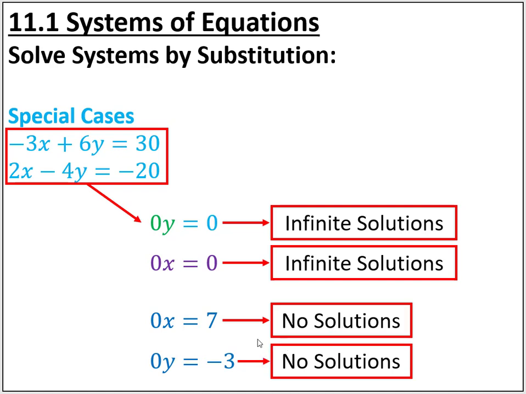You don't have to have both cases, 0y equals 0 and 0x equals 0. If you see either one and your work was correct, you can just finalize. I'm just showing whether you get a 0 for y or 0 for x. If it equals 0 at the end, you can finalize with infinite solutions.